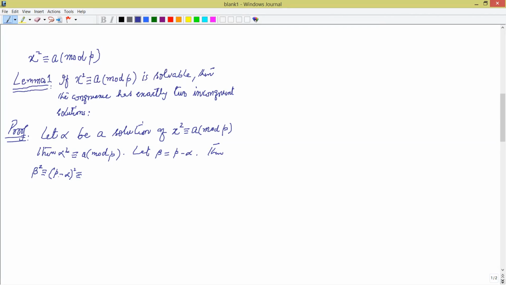Because we are taking modulo P, the terms with P become 0. So we can write minus alpha square is congruent to alpha square, and this alpha square is congruent to A modulo P.